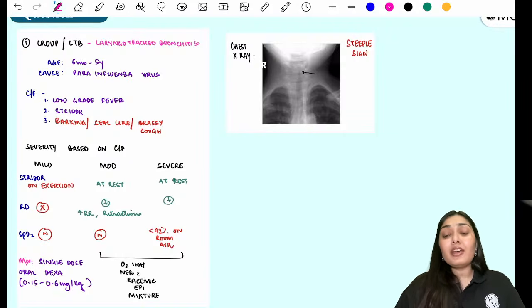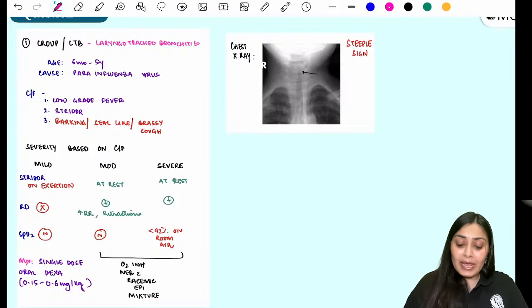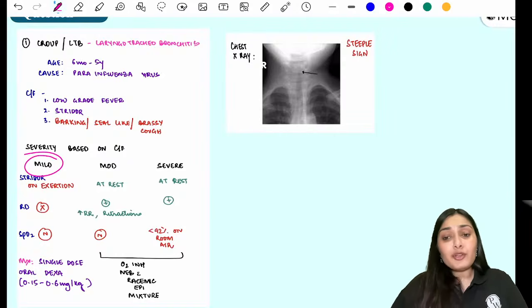The treatment here will depend upon the severity. If the child just has stridor on exertion, with no sign of respiratory distress and normal saturation, that means this child has mild croup. Here, just a single dose of oral dexamethasone, 0.15 to 0.6 mg per kg, is given.